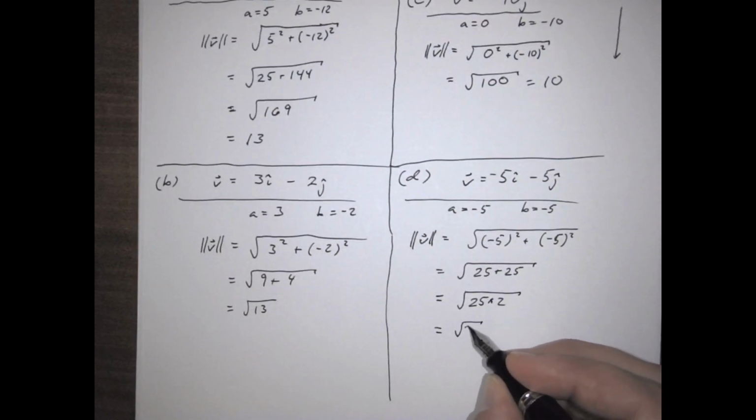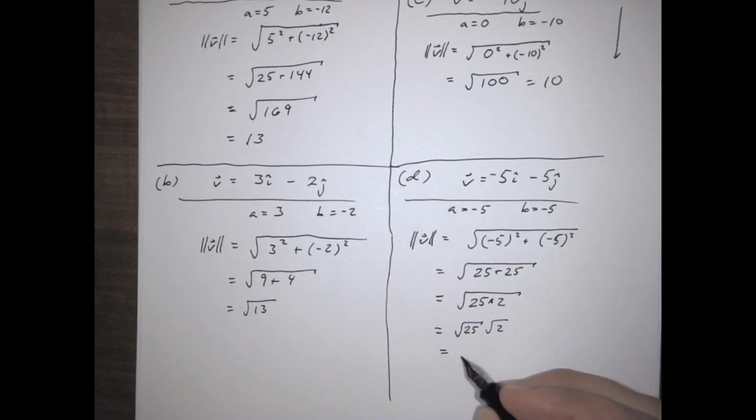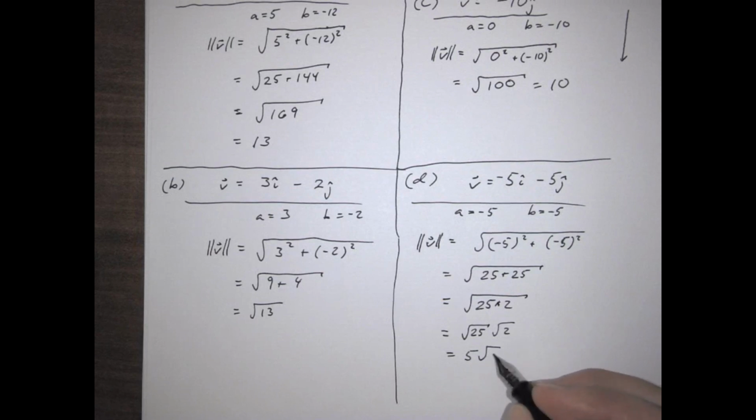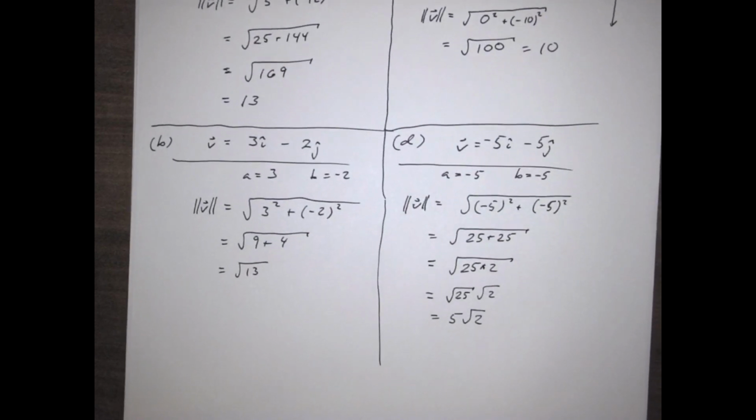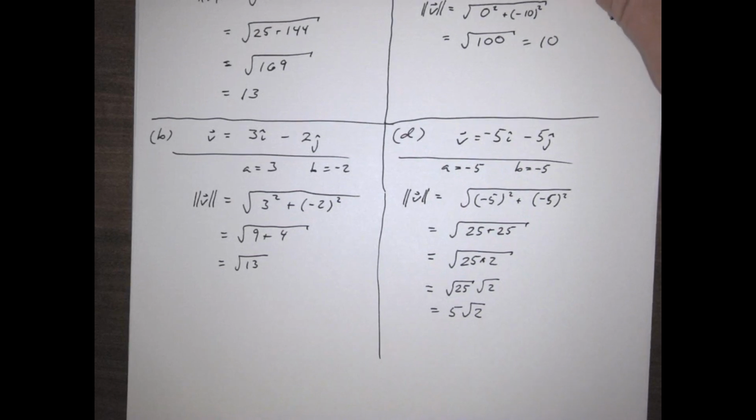Square root of 25, square root of 2 is equal to 5 root 2. So simplifying radicals means doing things like that. Pull out any perfect square factor that you can find in it, and then that will become a number in front of the radical.